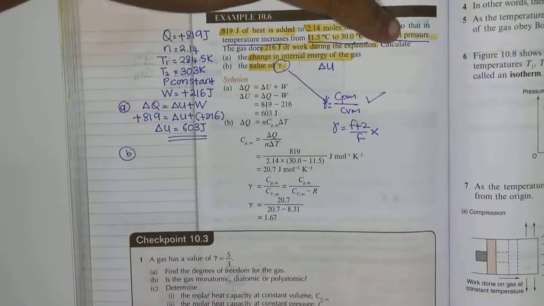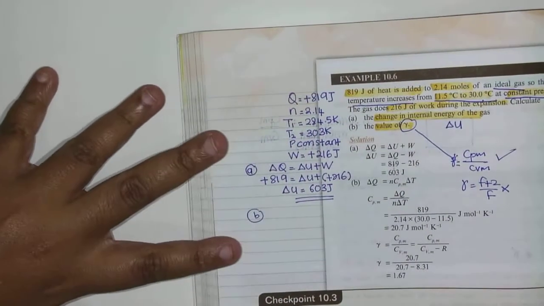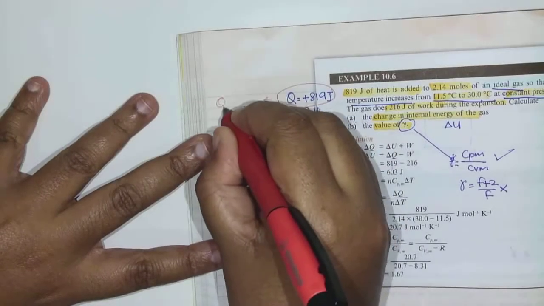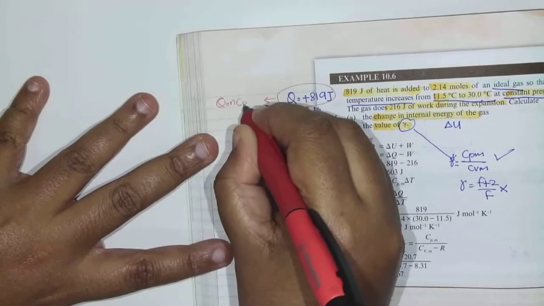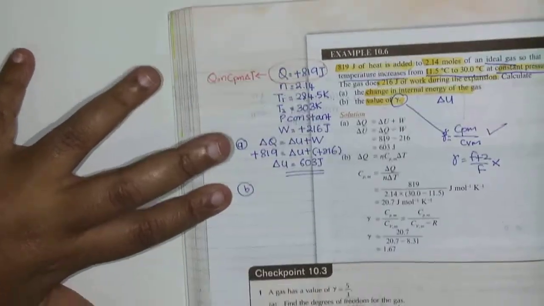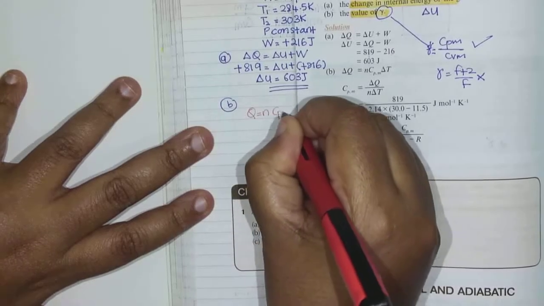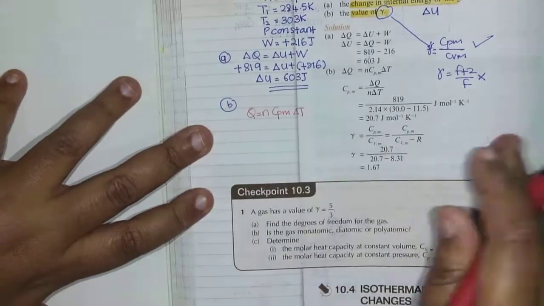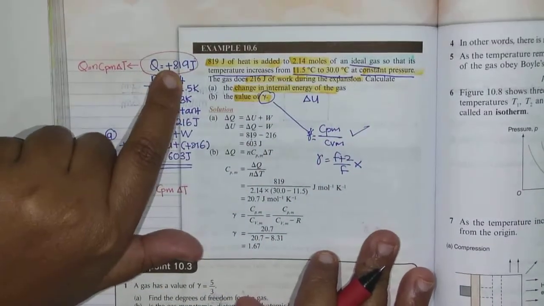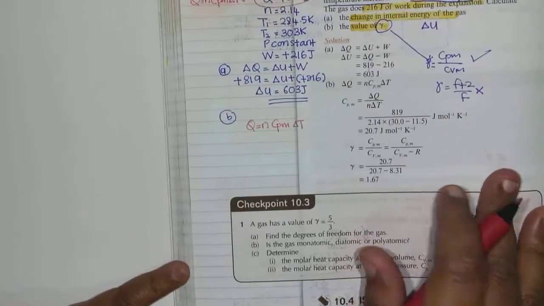Okay, let's see. Constant pressure. That means 819 joule, definitely the Q will be n CPM delta T. Correct? So Q equals n CPM delta T. Now how do I know that? Because constant pressure, so this must be the molar heat capacity, which is CPM.